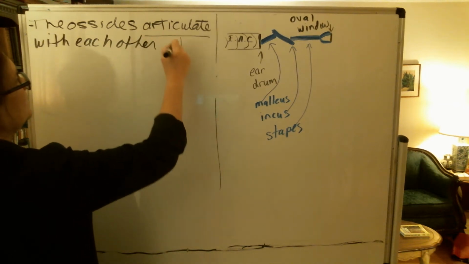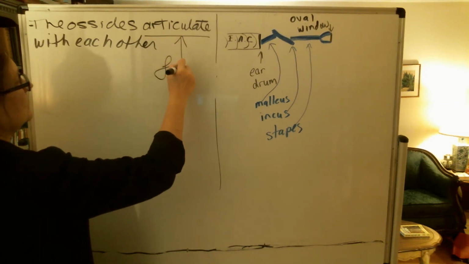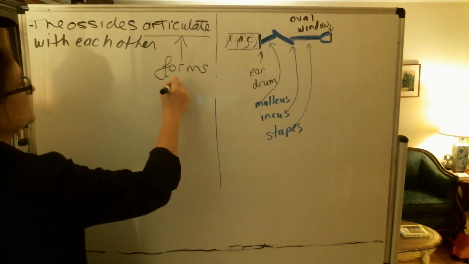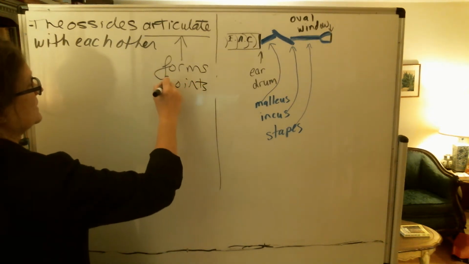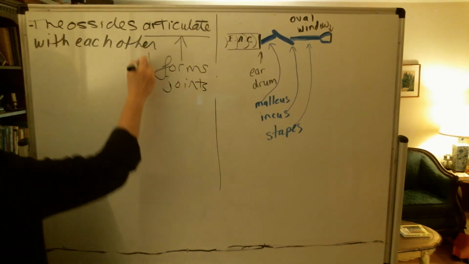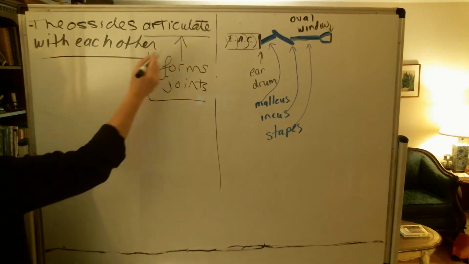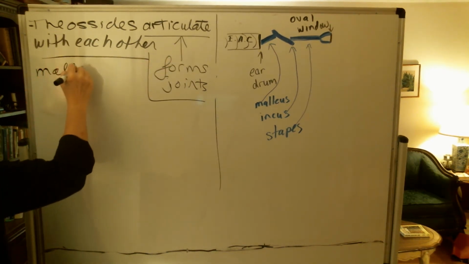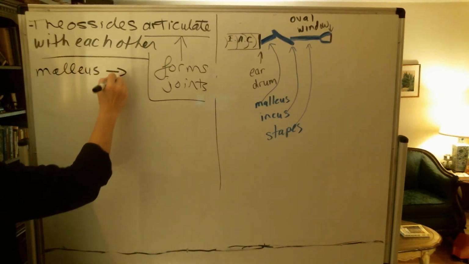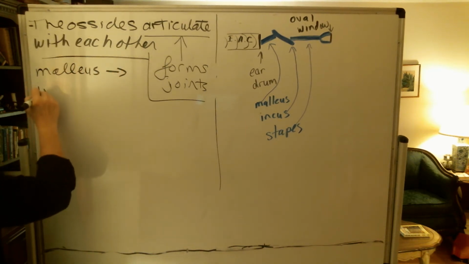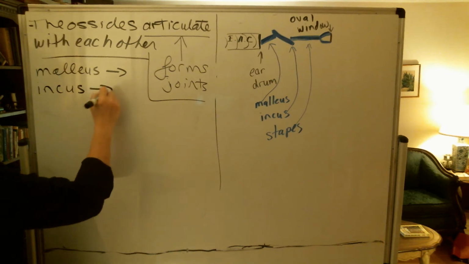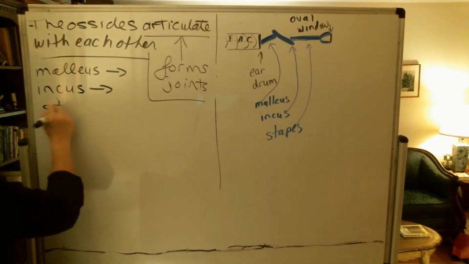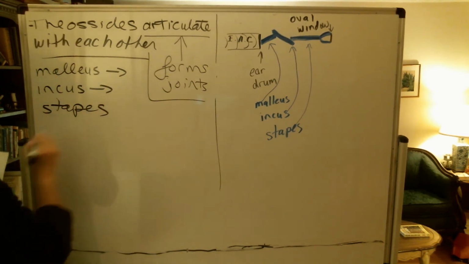And articulate means forms joints between the bones then. And so as you see here, then you have the malleus, which articulates then with the incus, which in turn articulates with the stapes.